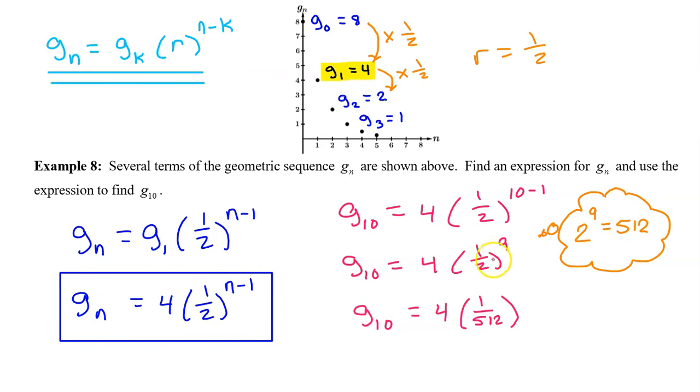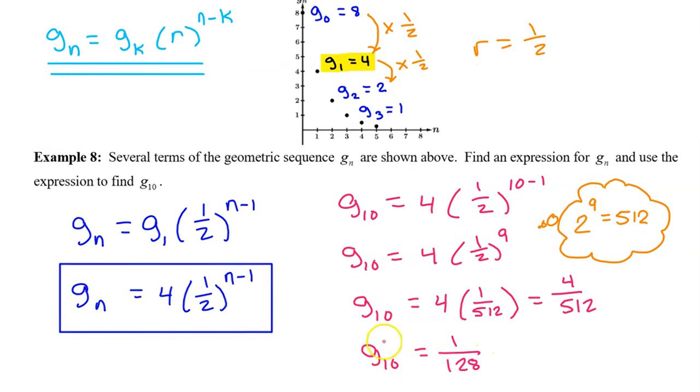Therefore, 1/2 to the 9th power is 1 over 512. But 4 times 1 over 512 is 4 over 512. 4 over 512 reduces down to 1 over 128. So this is the simplified value of G10.